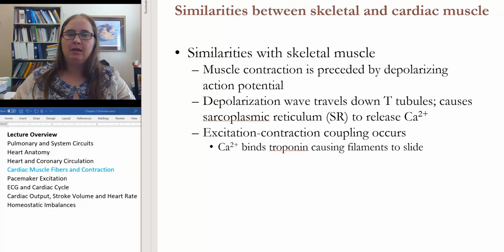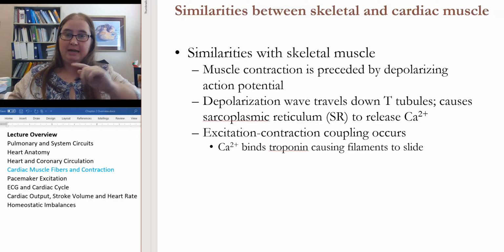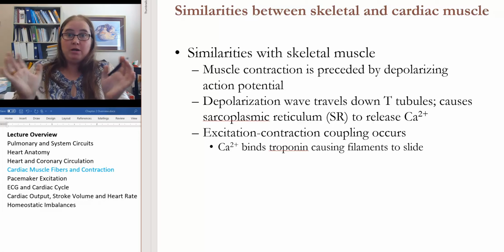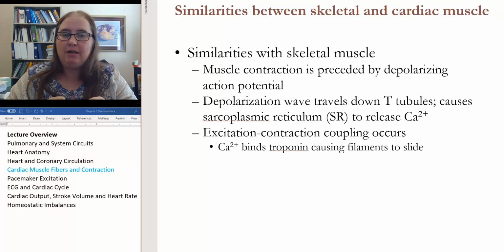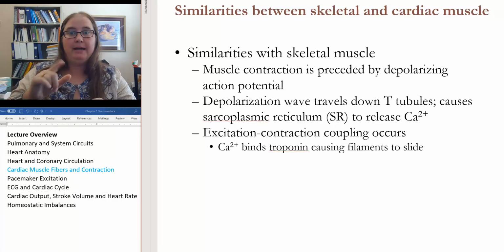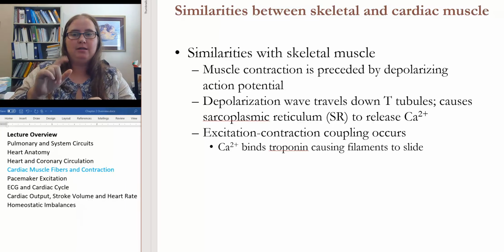Okay? That depolarization wave travels down the T-tubule, causes our sarcoplasmic reticulum to release calcium. Cool, right? We already know that. Same in cardiac. The release of that calcium binds troponin, right? There's our lock. Binds troponin, moves tropomyosin, actin and myosin combine.